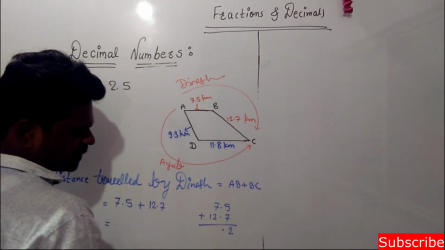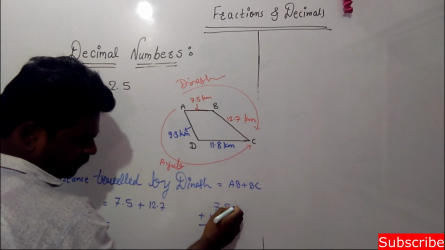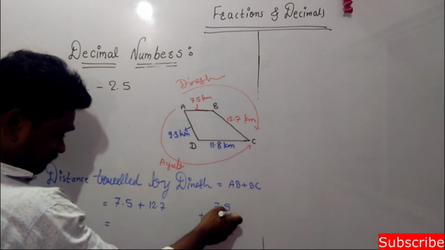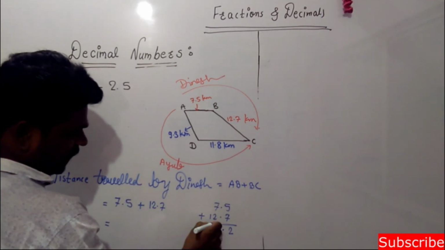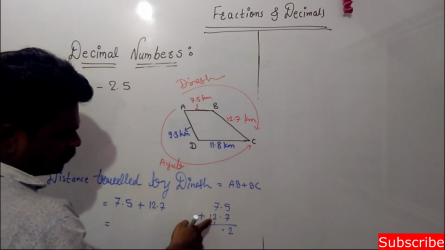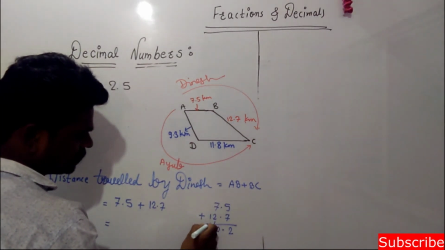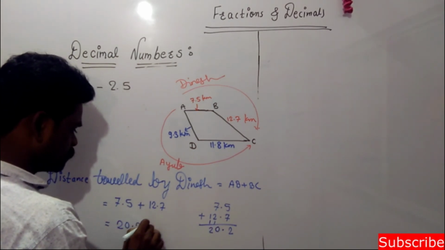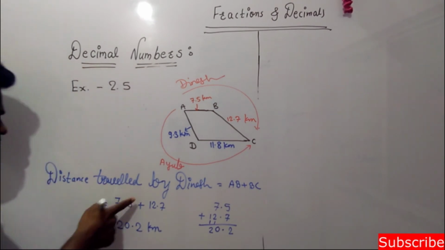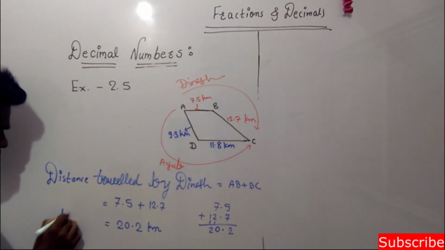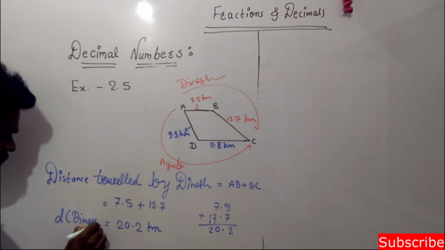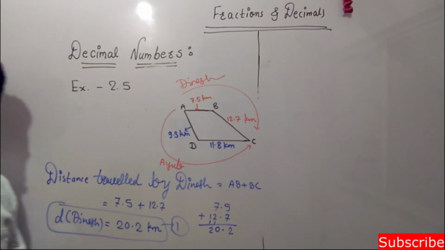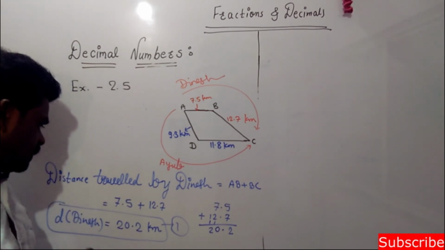Decimal point below the decimal point only. 12 means 2 units are here, and 1 will be carried forward to the next digit. So 2 plus 1 is 3, 3 plus 7 is 10, that is 0, 1 carry, 1 plus 1 is 2, 20.2. So 20.2 kilometer is the total distance traveled by Dinesh. This is my equation number 1.